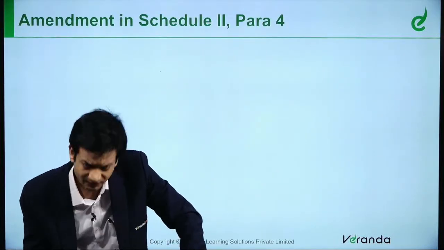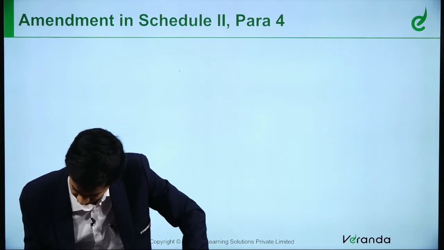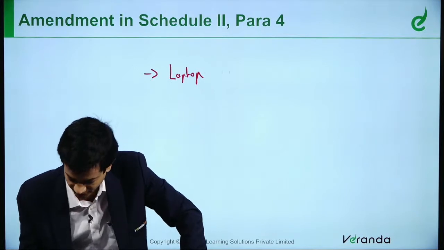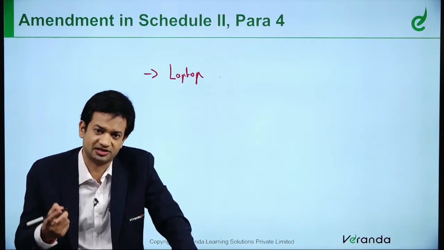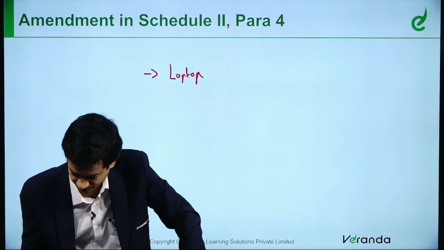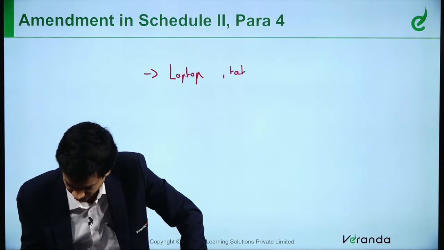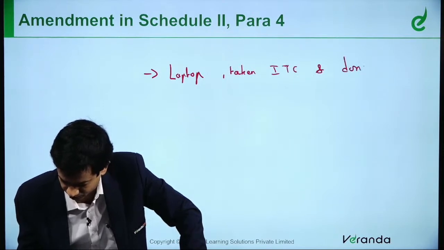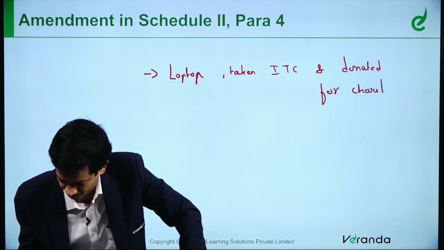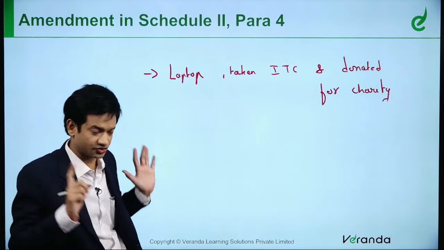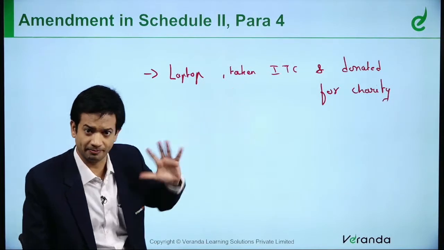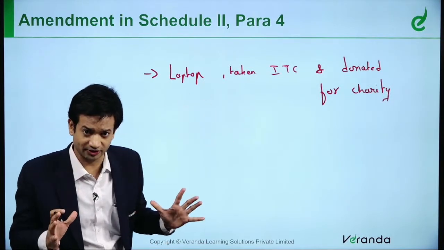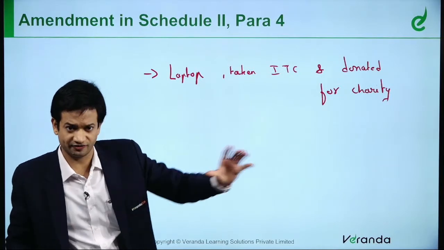Now, let's take an example. Laptop. Let's say a company purchased a laptop, took ITC, and donated it for charity. This is an illustration. A laptop purchased by a company, they take ITC on that and then they donate it for charity after some time.